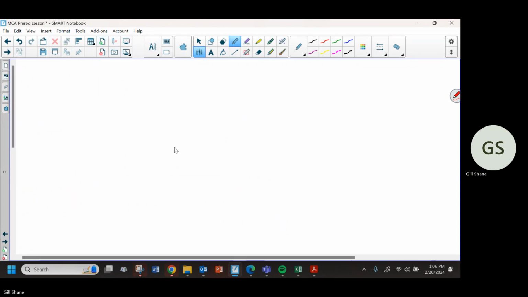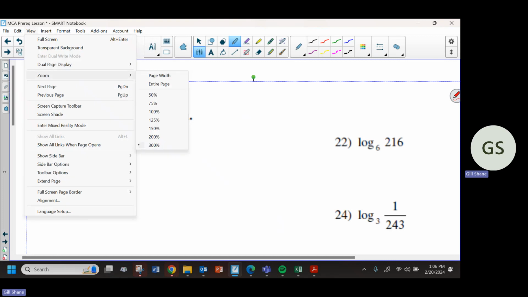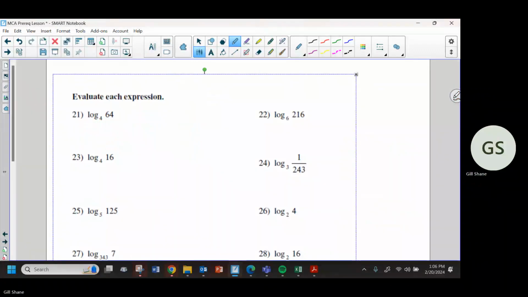That's fine. All right, here are the ones, again kind of the same thing we just did. I can probably zoom out a little bit for that. Copy the problems down.